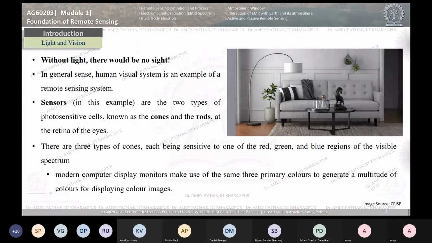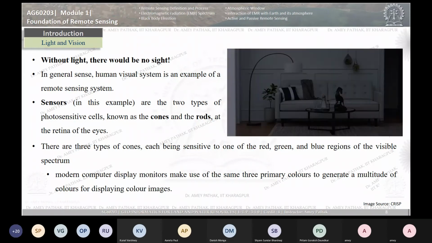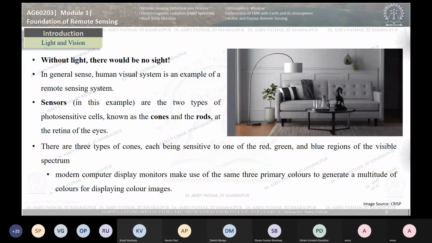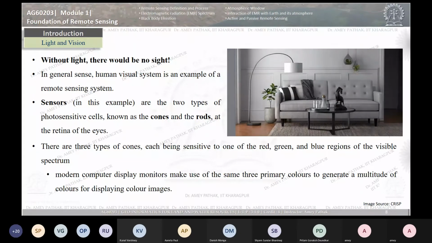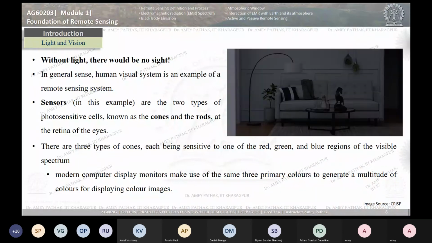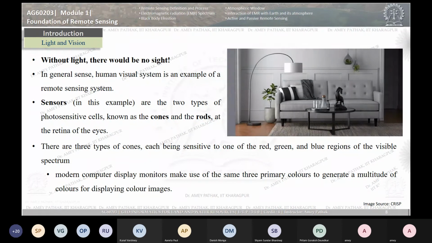That is done by the cones, which are located in the retina of the eye, and another sensor is known as the rod, which is sensitive to the total light intensity. Suppose in a room the intensity of light is very low, or the lights are dim, everything will appear like shades of some particular color when there is insufficient light.